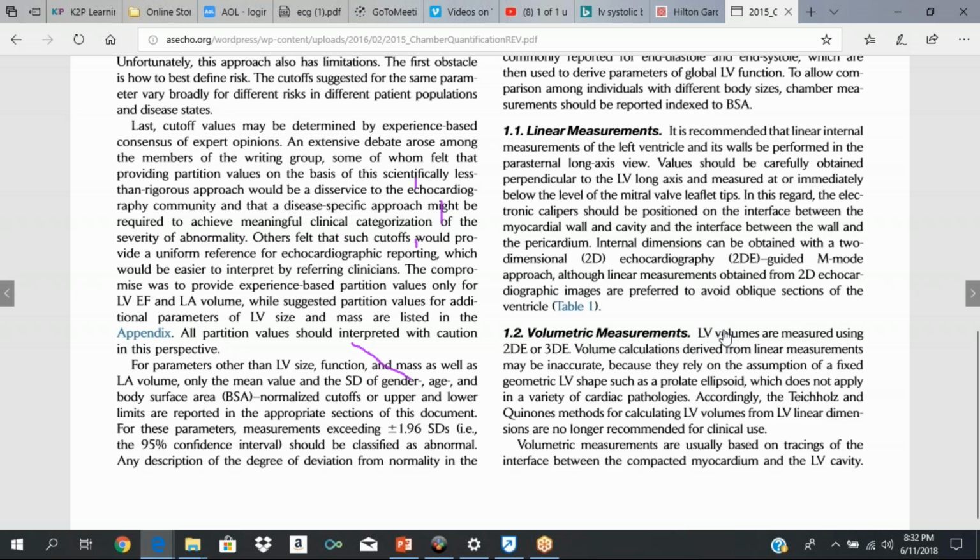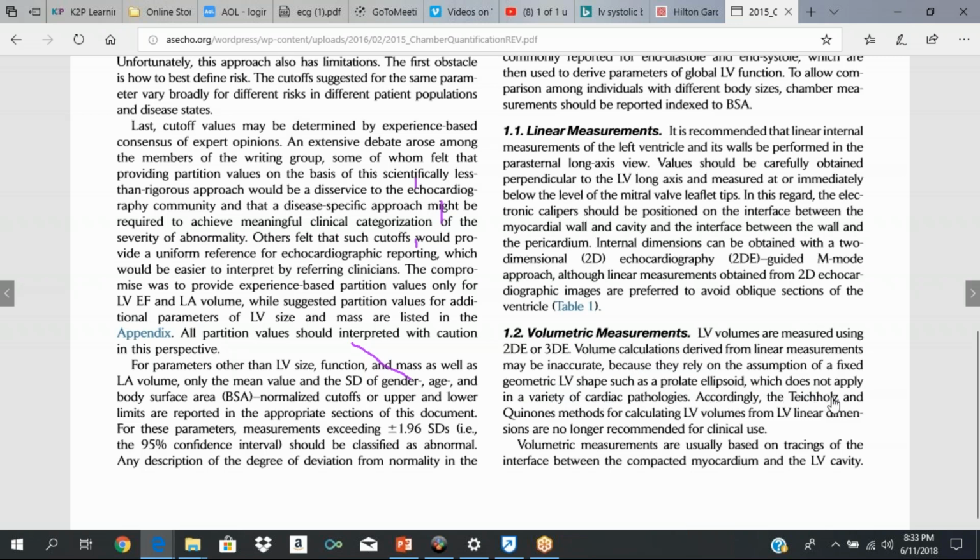Okay, so LV volumes are measured using either two-dimensional echo or, more recently, three-dimensional echo. Volume calculations derived from linear measurements may be inaccurate because they rely on the assumption of a fixed geometric LV shape, such as a prolate ellipsoid, which does not apply in a variety of cardiac pathologies.